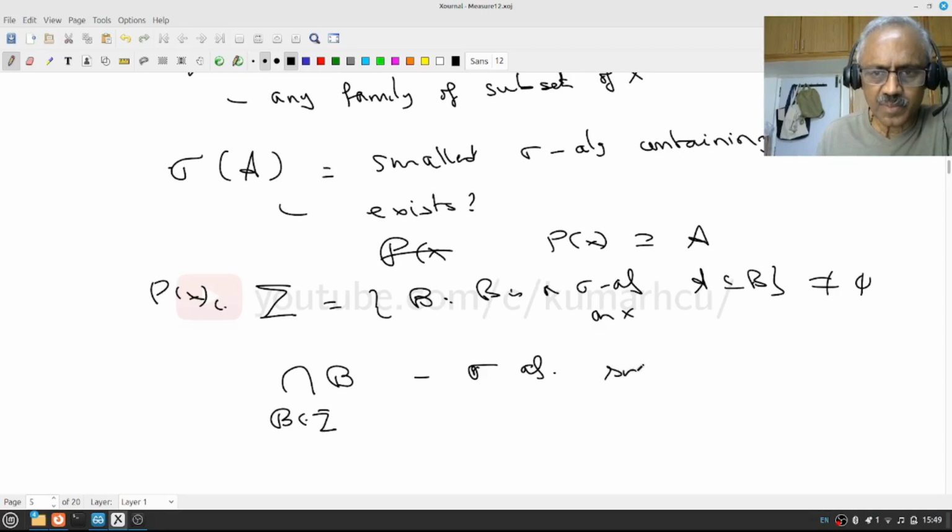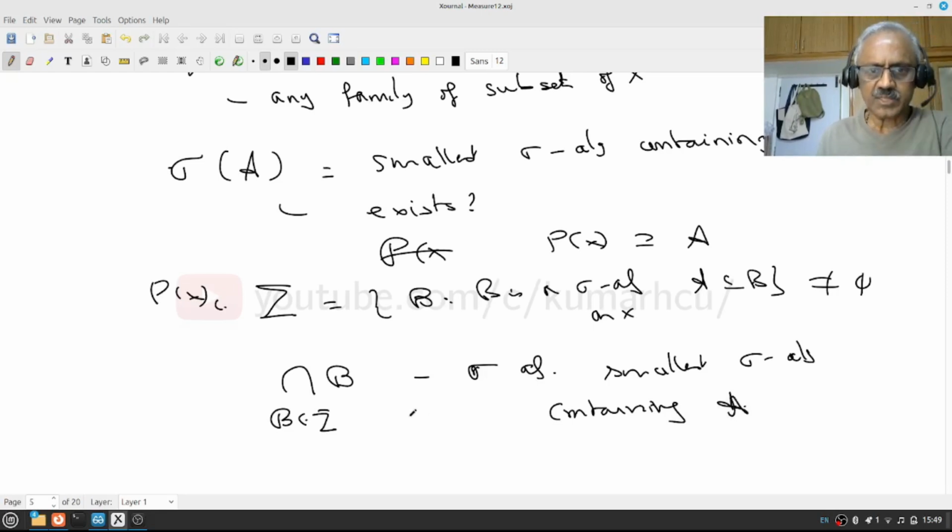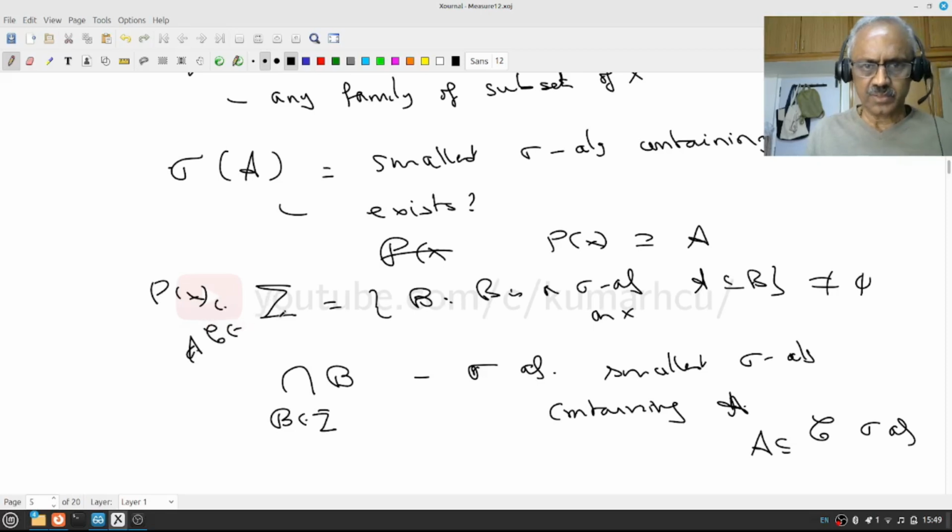This is the smallest sigma algebra containing A. It's a sigma algebra, that's clear. It's the smallest because if C is any sigma algebra such that A is contained in C, then C belongs to this family, so one of the B's will be C. Therefore, this intersection, call it sigma A, will be contained in C also.